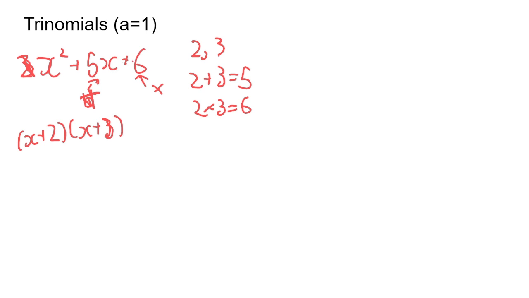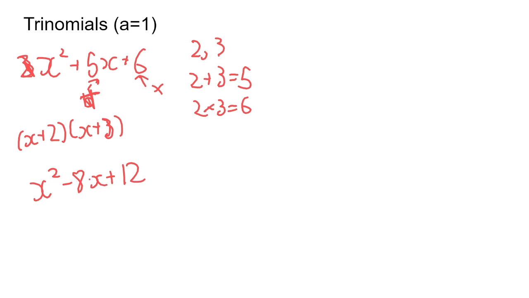And you can also have negative numbers with the b term and the c term, which makes it a bit more complicated. But for example, I'll show you. You can have x squared minus 8x plus 12.